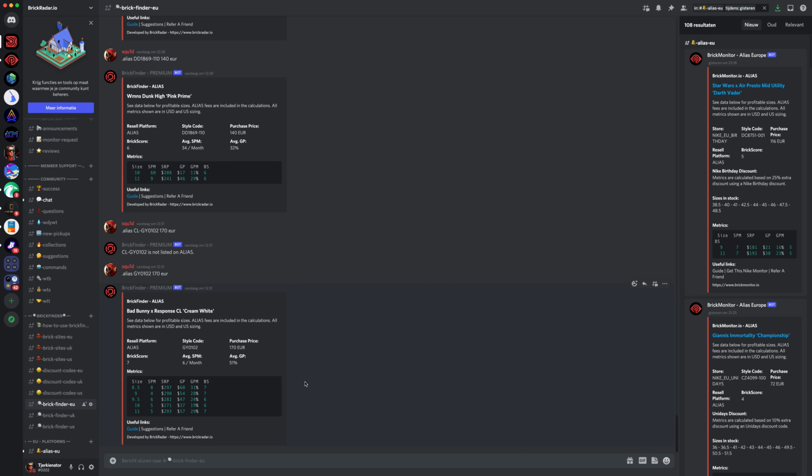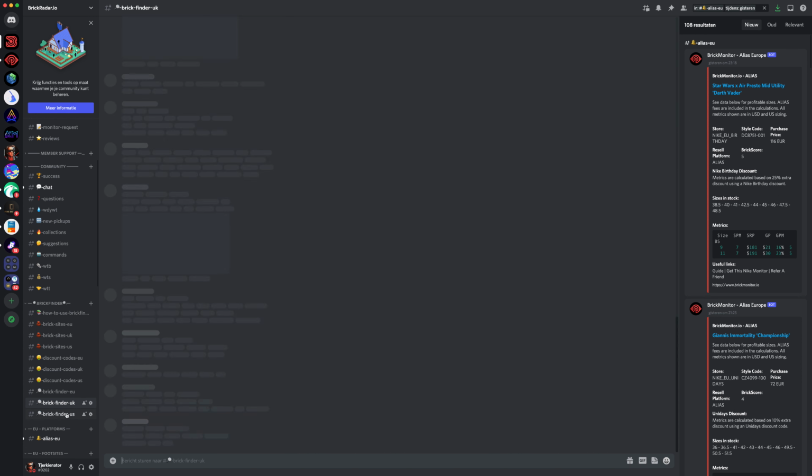So the algorithm runs outside of Discord, but we made a Discord bot that will let you talk to the algorithm and basically give the algorithm commands. Depending on your region, you can see here on the left side the BrickFinder category, and you can see one of these channels, right?